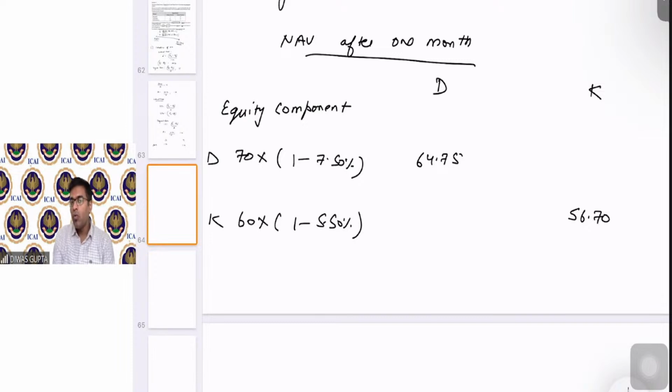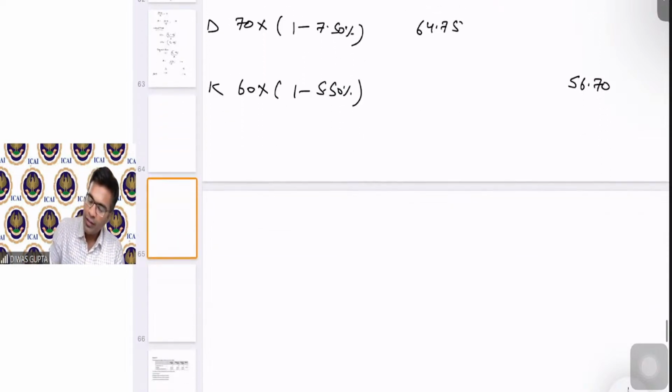But for calculating the overall NAV, is there something else I need to do? Yes or no? If yes, then what is that extra thing that we need to do? Cash component. Yes. Kusuma is saying cash component. Very nice. So we have to adjust for the cash component.